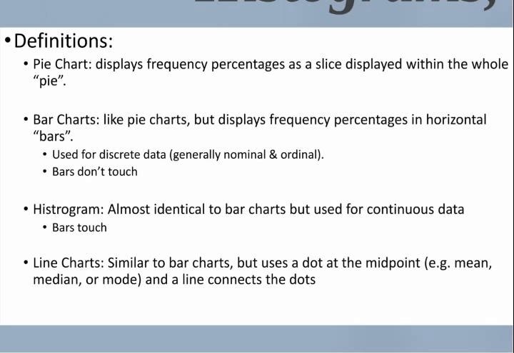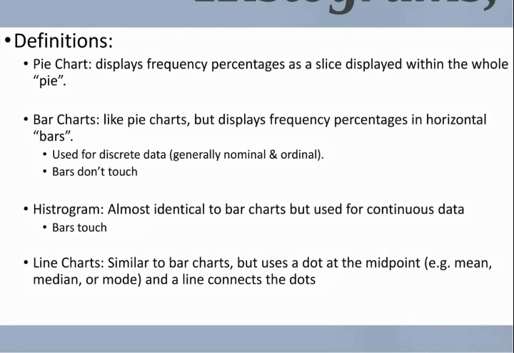And so the difference between bar charts and histograms is the type of data that you use them for. Histograms are almost identical to bar charts, but instead of using them with nominal and ordinal data, you will use them with interval and ratio data, right? And so the difference here is that in bar charts, the bars don't touch, and that is to identify the distinct categories of the different groups.